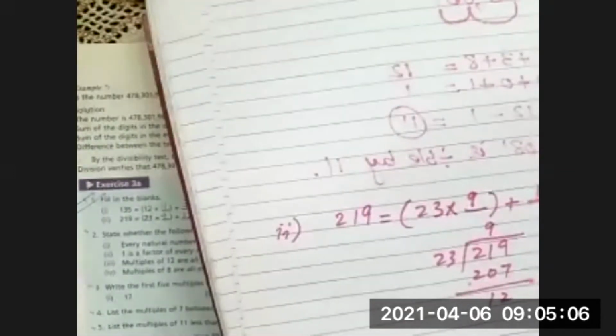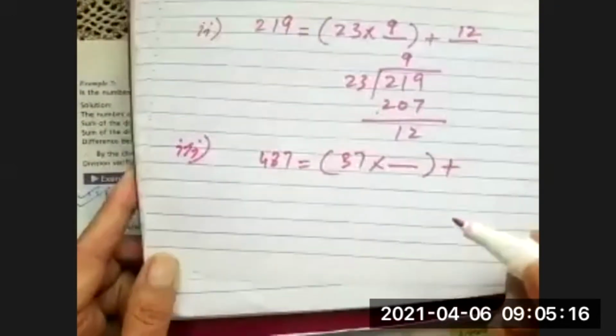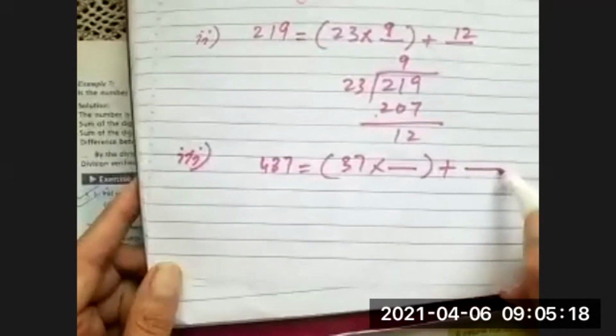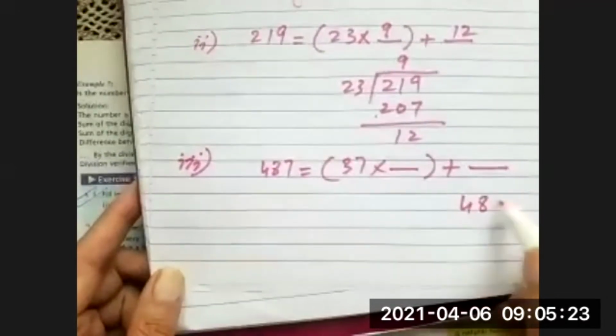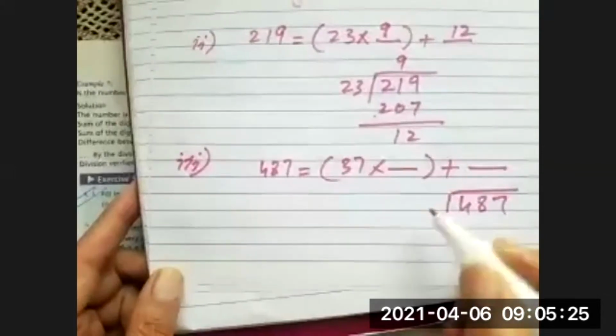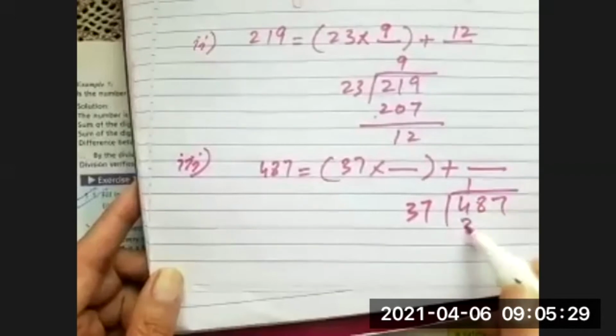487 equals 37 multiplied by blank plus blank. You have to divide 487 in the rough form with 37. 37 ones are 37.